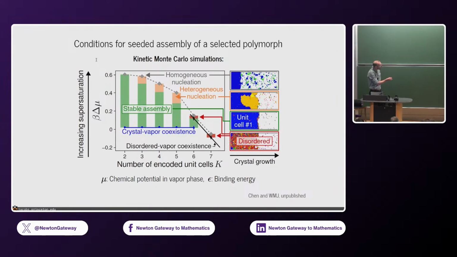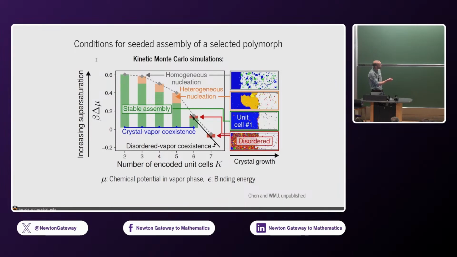The blue line tells us coexistence, so this would be where everything is in equilibrium. And so we want to look at how far essentially we can supersaturate beyond that and still retain this seeded control. Right? So there are a couple failure modes here. One possibility is that there's homogeneous nucleation.